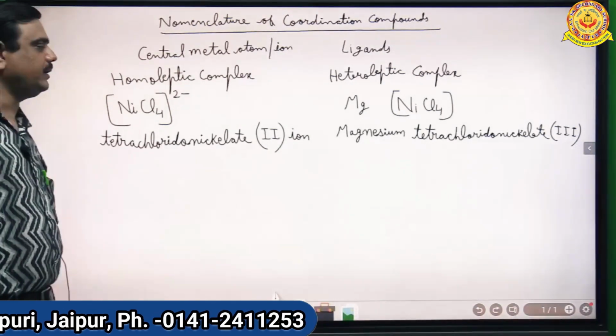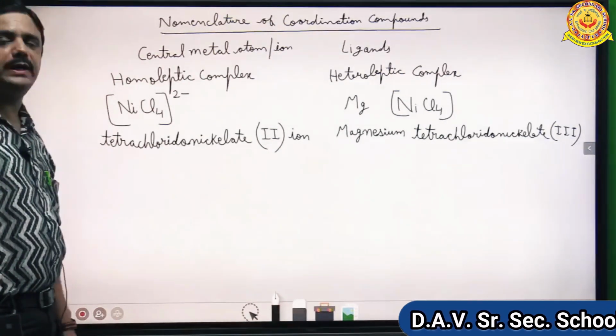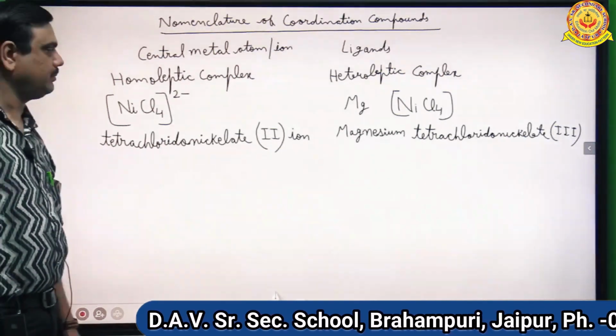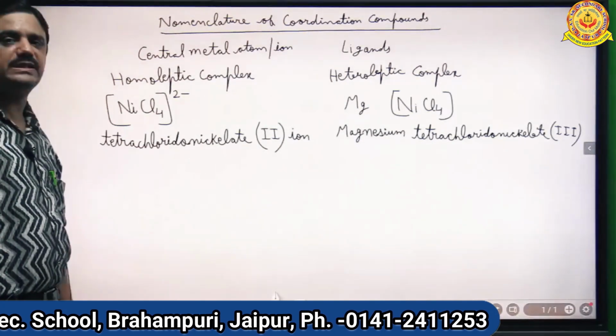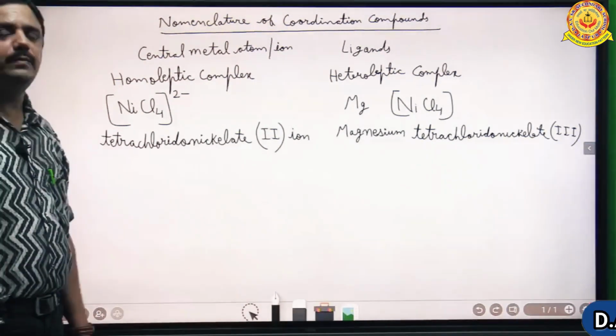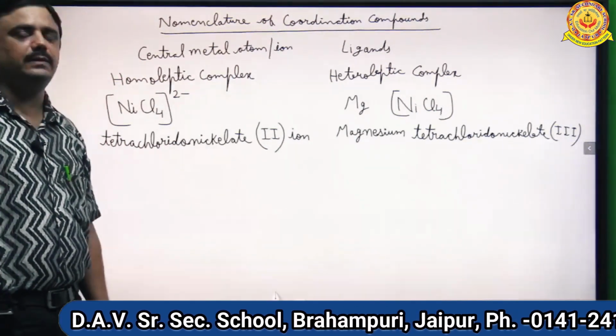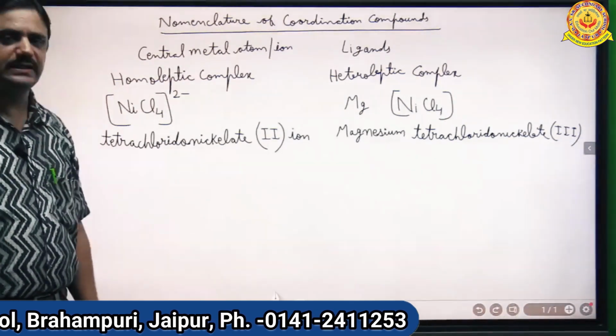Now in all these examples we have taken unidentate ligands. Actually, a ligand has denticity. What is the meaning of denticity? That is how many electron pairs can be donated by one molecule of the ligand at a time.